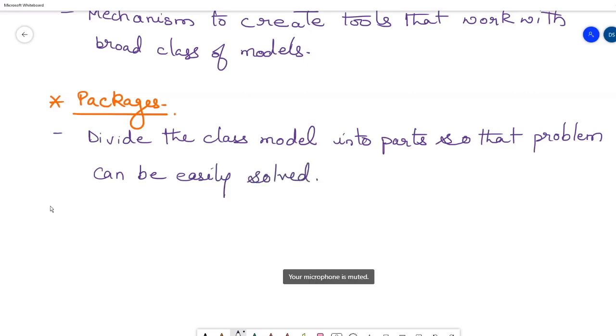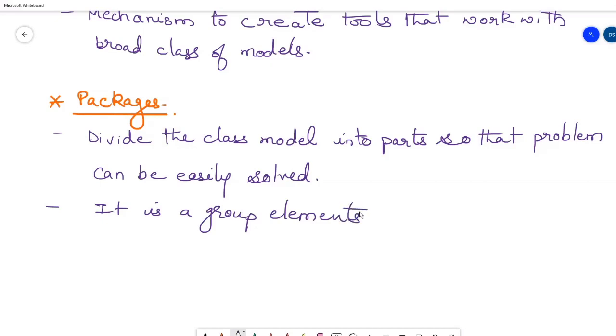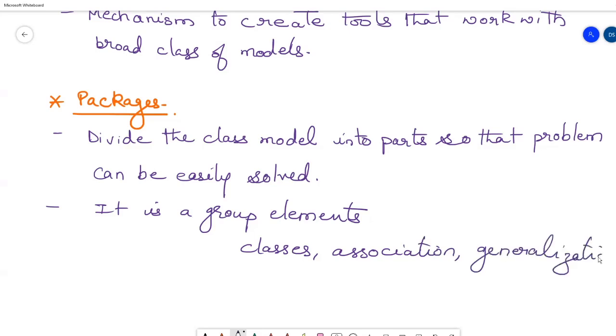A package consists of a group of elements which helps in solving these tasks, that is classes, association, and generalization.